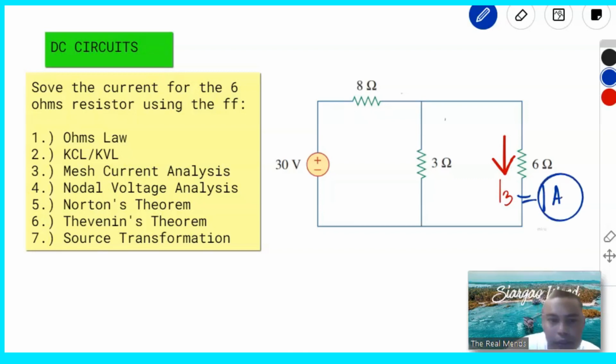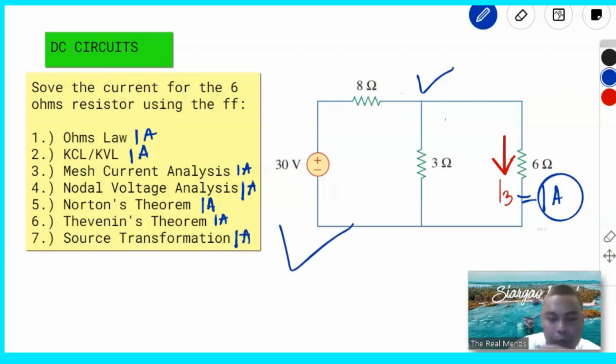Okay, so again, to recall, from this circuit, using Ohm's law, the current is 1 ampere. For the KCL and KVL, we have 1 ampere. Mesh current analysis, we have 1 ampere. Nodal voltage analysis, we have 1 ampere. Norton's theorem, we have 1 ampere. Thevenin's theorem, 1 ampere. Source transformation, we have 1 ampere.